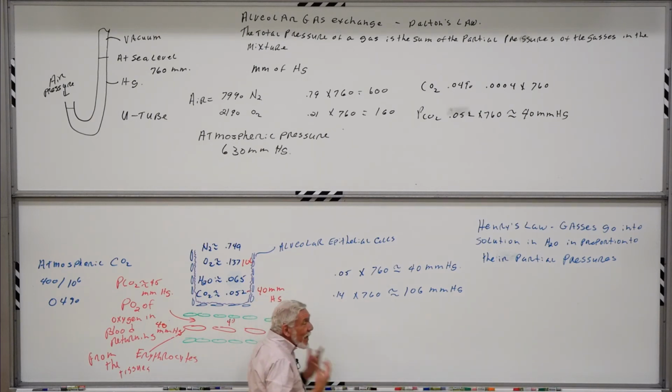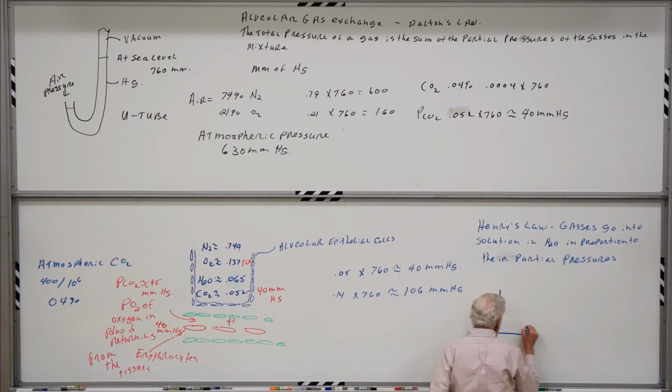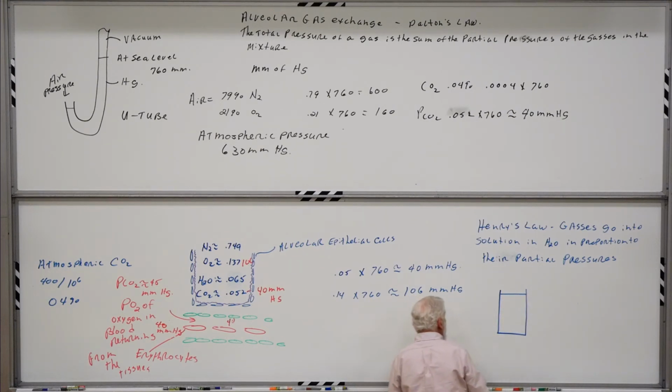To give you some sense of this, I want to give you a sort of real-world example. So let's imagine we have a can of beer. Could be a can of pop. Could be a can of soda. And we have a top on it.